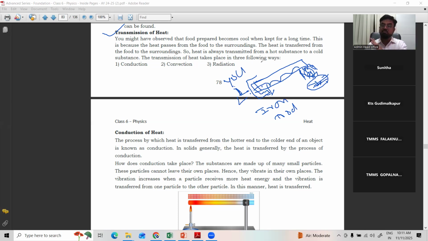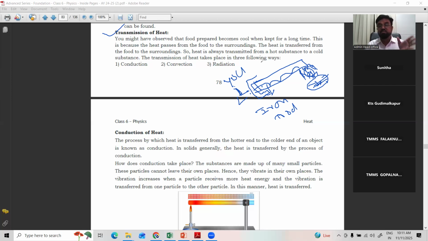Even though we are heating the one end, the right side end, the heat slowly transfers and comes to the other end. Simply, you can see a spoon. You place a spoon in boiling water for some time and touch it. The last end of the spoon is not in contact with the boiling water, but still heat transmits, heat transfers from one end to another end.